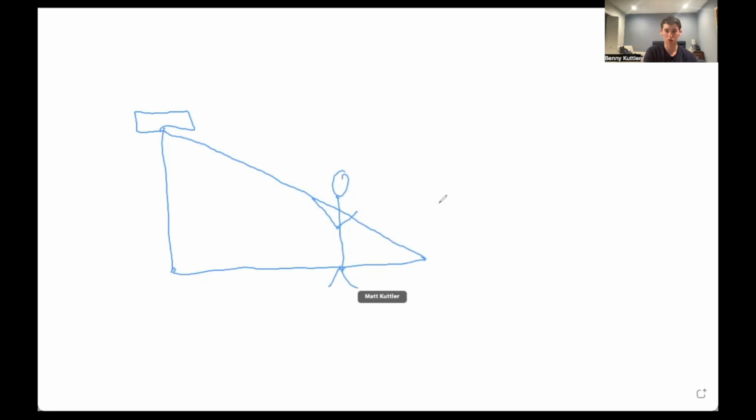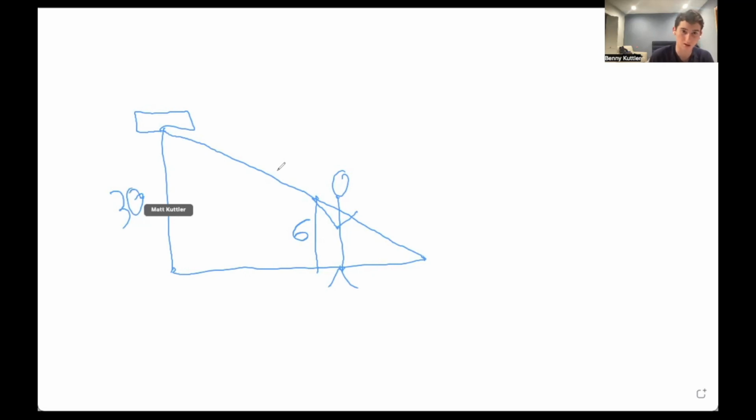So this is our man, this is our shadow. Not the best representation, but we're looking for how fast his length changes. So we can split this triangle up into 2 pieces. These two are similar triangles, which if you remember from geometry, which I doubt you do, we're given that the height of the street pole is 30 feet. 30-foot tall street light, and the man is 6 feet tall.